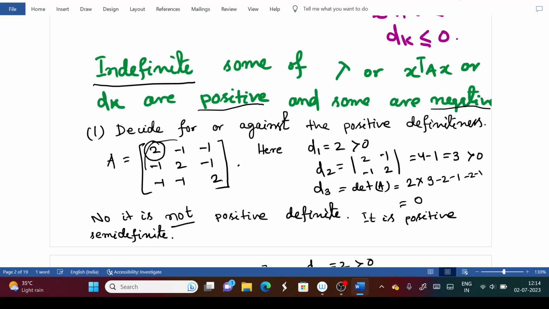Then the determinant of this matrix is my D2, which is 3, which is positive. Then the determinant of the whole matrix is my D3. And what is being found? Its value is 0. That means some are positive, some are 0. That means it is positive semi-definite. That means it is not positive definite. So the given matrix is not positive definite.